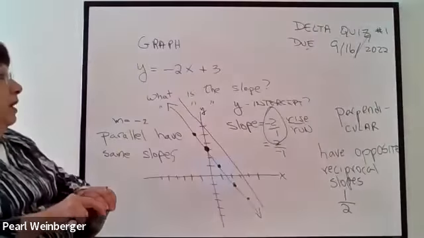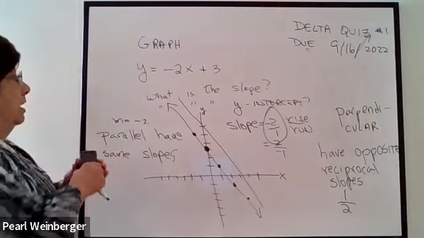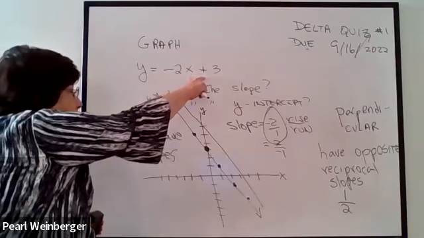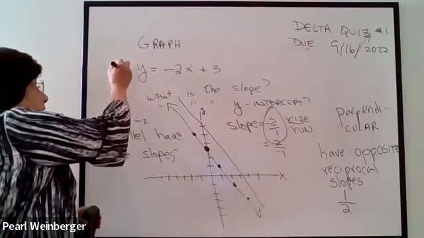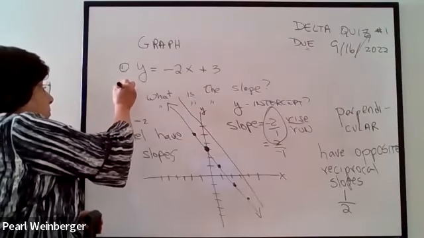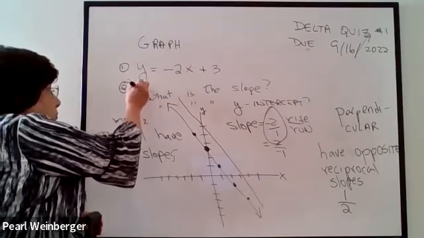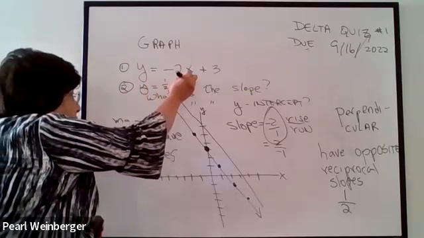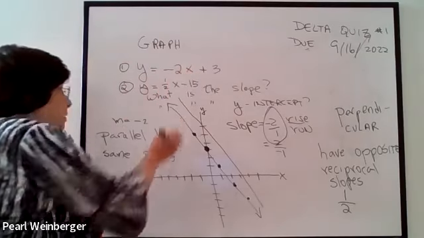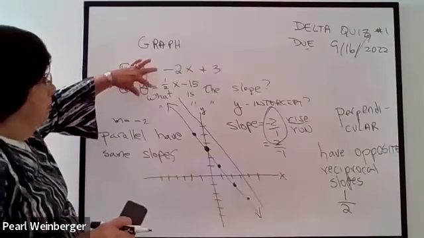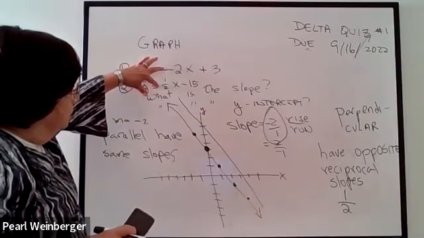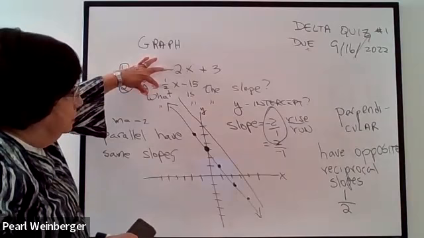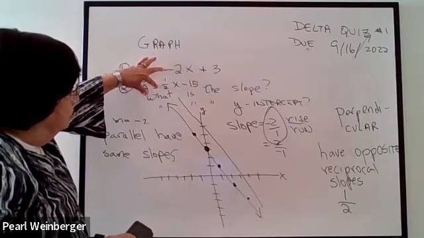If I have two lines, let's say line number 1 is y equals -2x + 3, and suppose I tell you that line number 2 is y equals 1/2 x - 15. I would right away know these two lines have to be perpendicular because their slopes are opposite reciprocals.